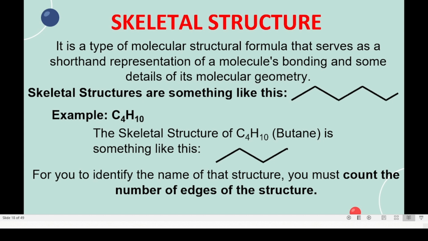The skeletal structure is something like this, like the letter M, a zigzag. Let's have an example. C4H10 is butane. The skeletal structure of C4H10, butane, is something like this.